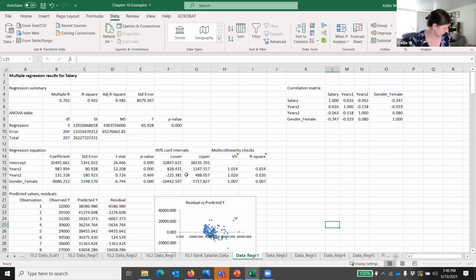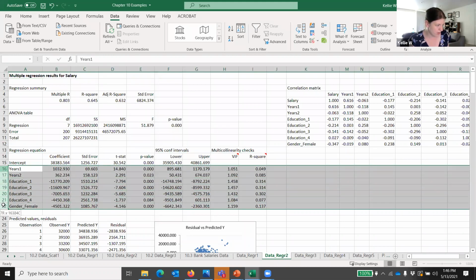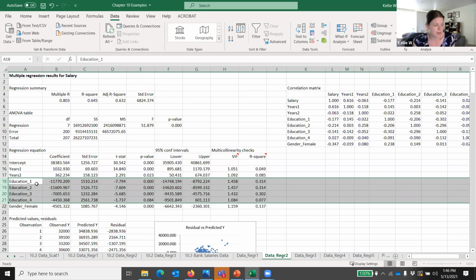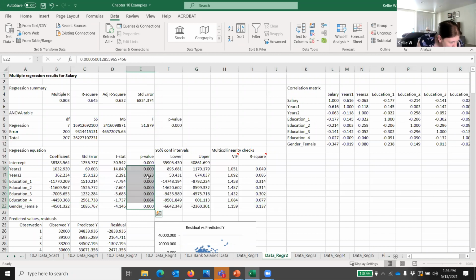Let's see how far we can do the second one. Now we're running a whole bunch of things. Years of experience. Look here, remember I told you you can't treat education as numerical, but you could make it into a dummy variable. It looks like that's what they've done here. And then gender. All of these are still okay.